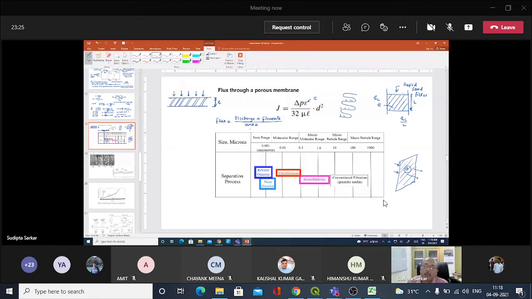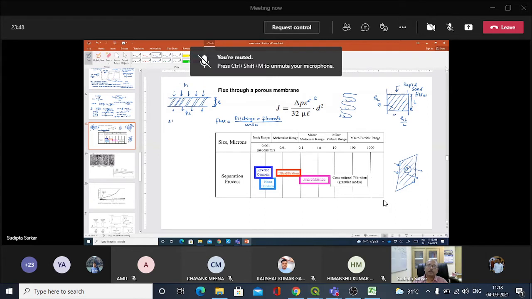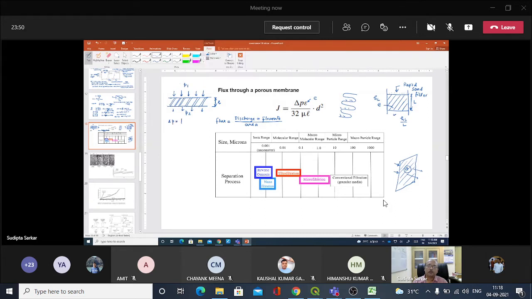So this is how the flux is defined, and when there is a flux or passage of water in this membrane, then obviously, as we have seen in the filter, there will be a head loss. If you have a pressure of P1 here and a pressure of P2 here, then your pressure drop across the membrane is P1 minus P2.